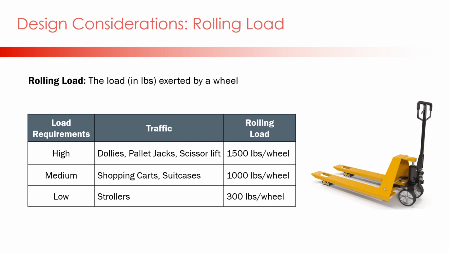The load rating is determined during a test using a solid 5-inch diameter, 2-inch wide polyurethane wheel, selected because it most resembles the size of a pallet jack wheel. A load is applied to the wheel. The wheel then makes 1,000 passes, after which the sample is inspected for damage.